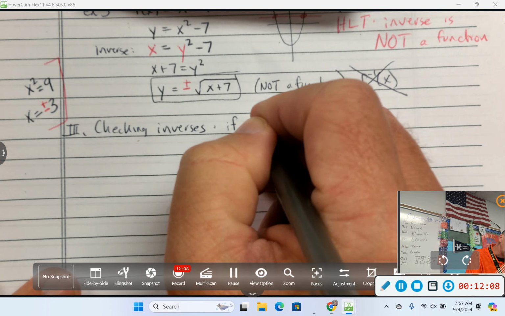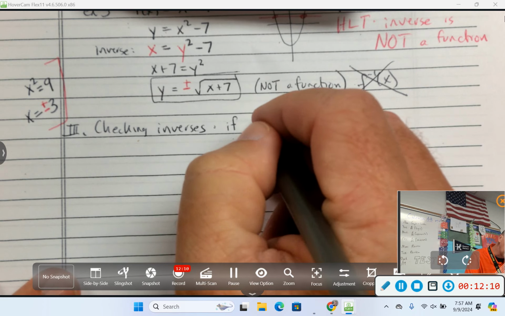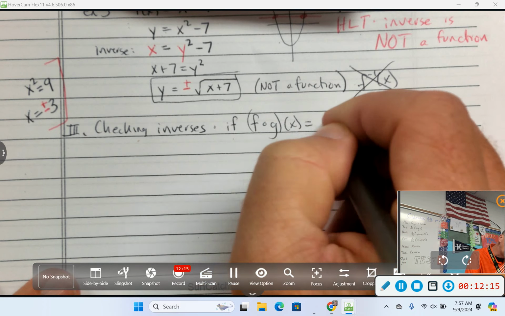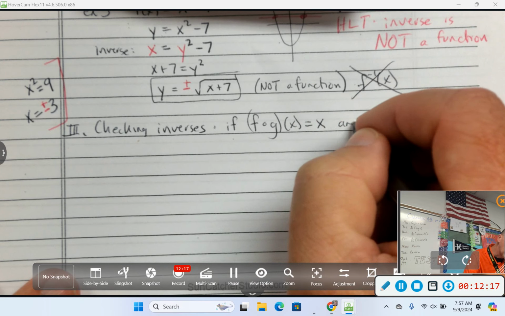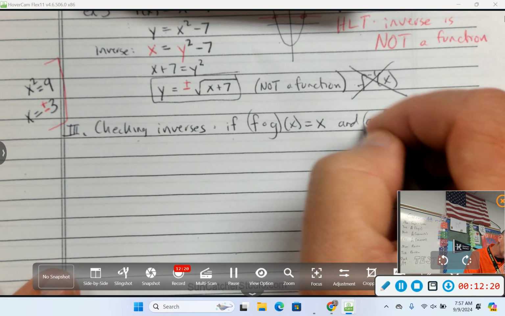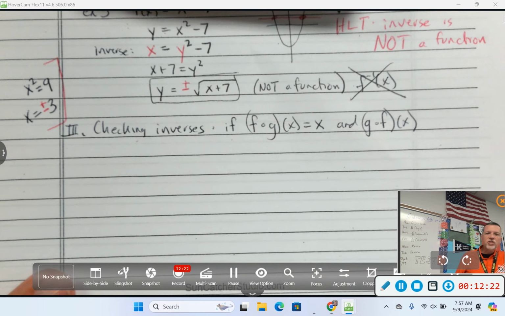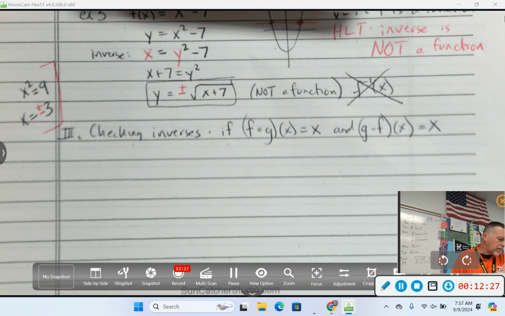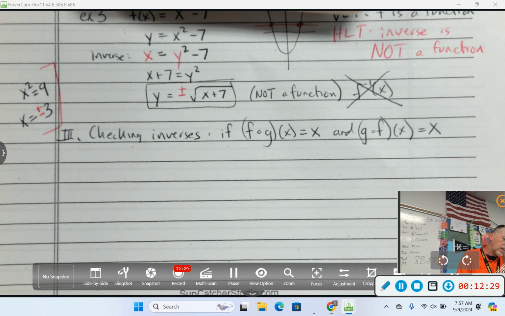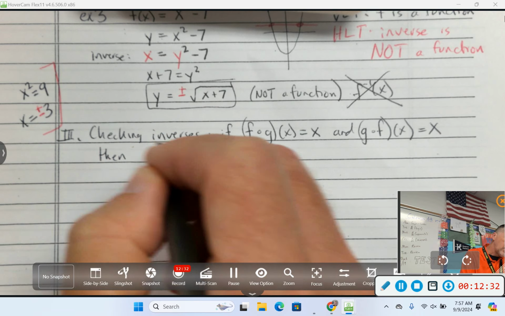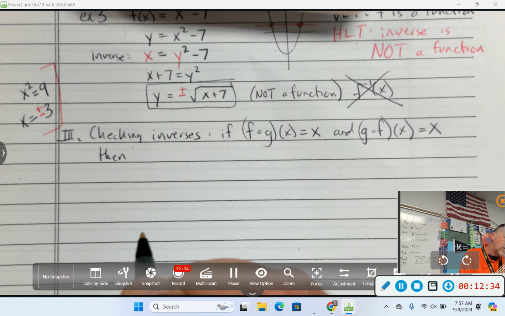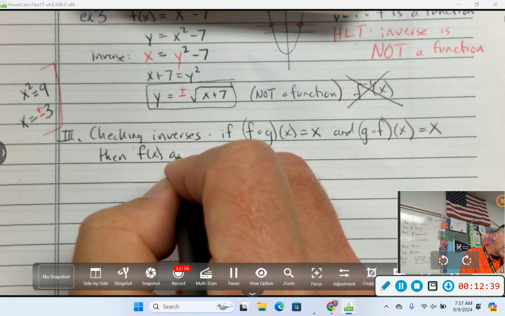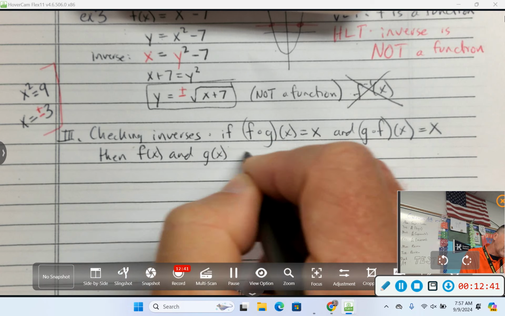here's where we get to use the f of g and g of f thing. If f of g of x equals x, and g of f of x equals x, then f of x and g of x are inverses.